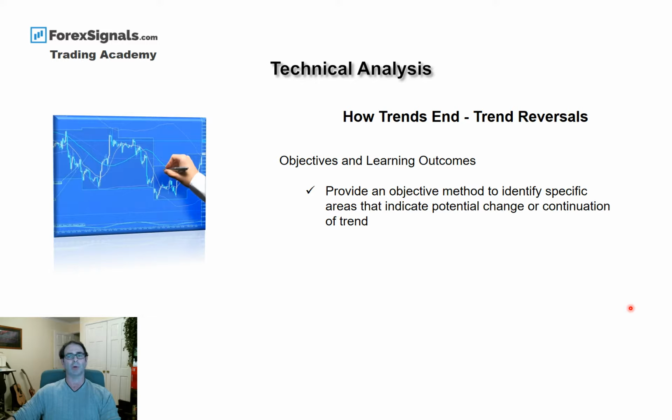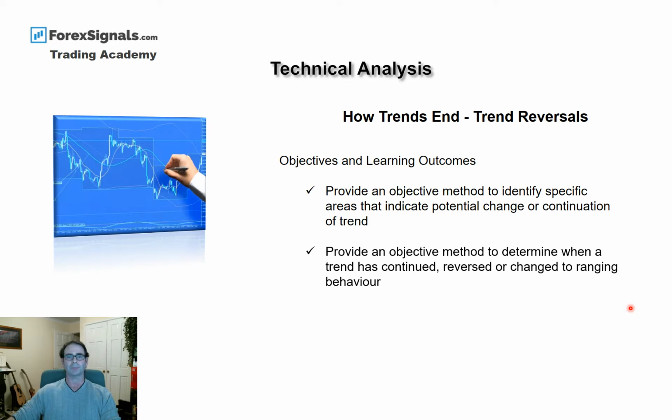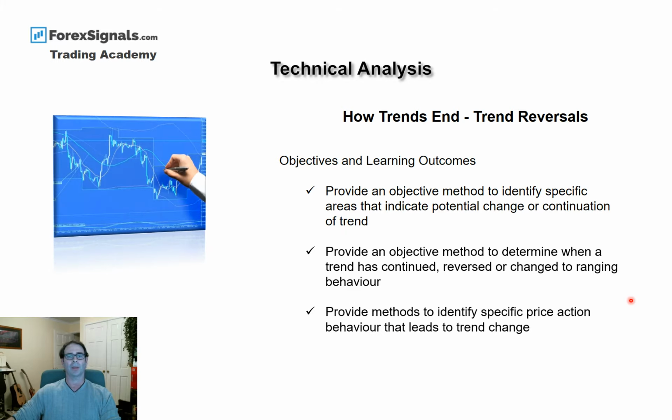We also looked at what constitutes continuation of trend, which was, in an uptrend, the break of the highest peak, and in a downtrend, the break of the lowest trough. We also provided an objective method to determine when a trend has changed, reversed, or changed to ranging behaviour. And we provided methods to identify specific price action behaviour that leads to trend change.